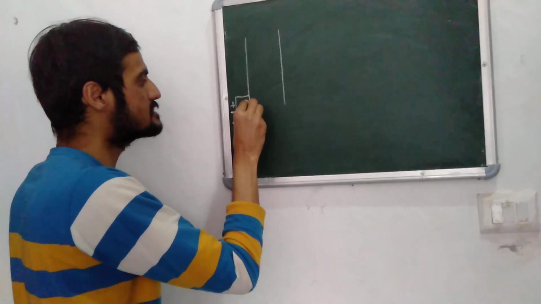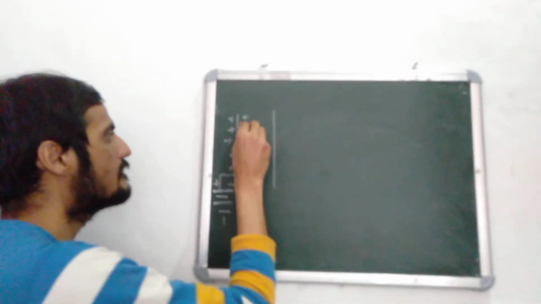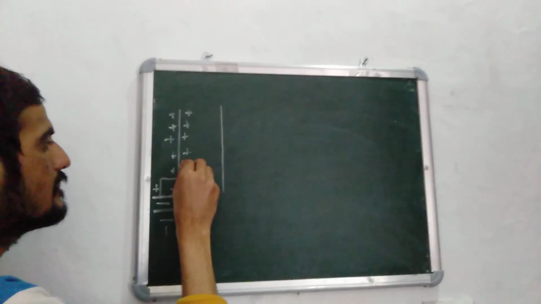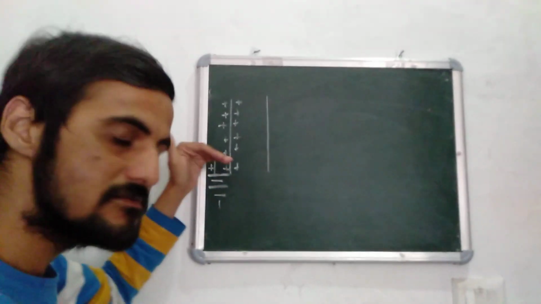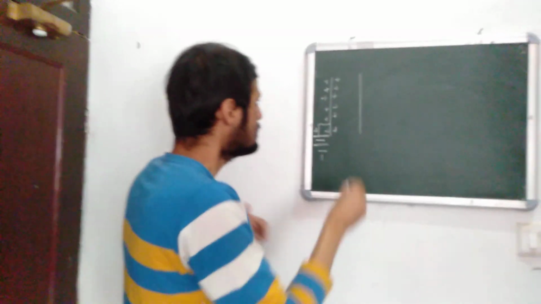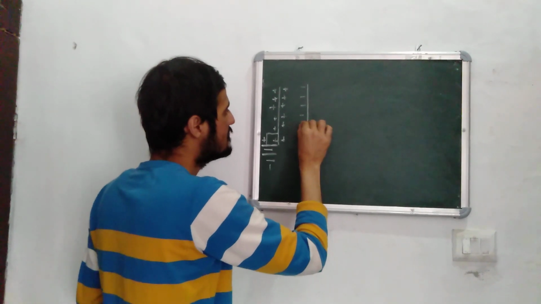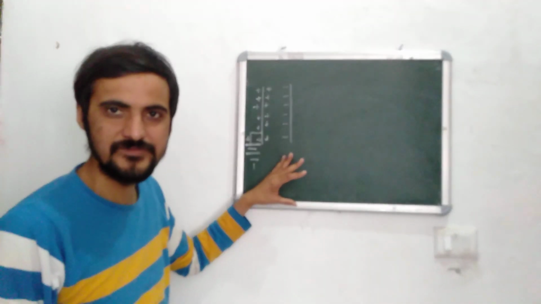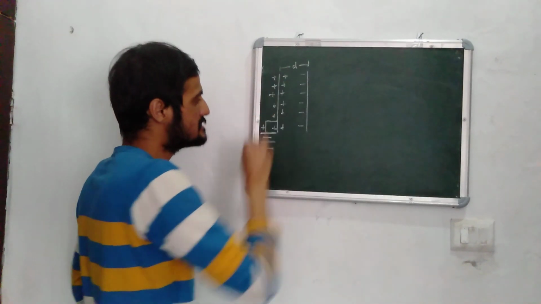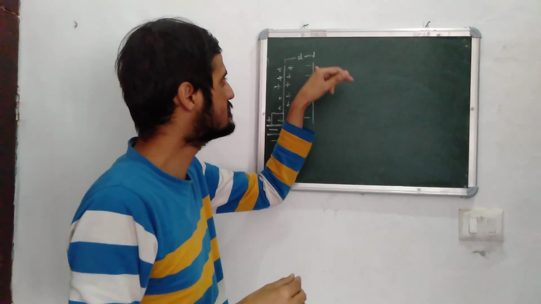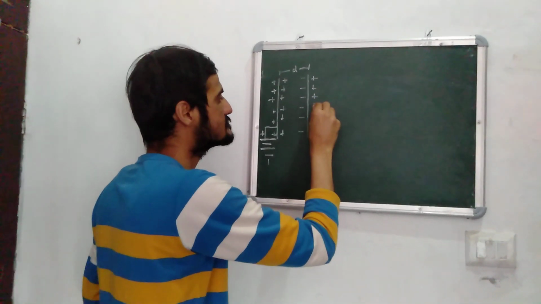The plate requires only positive charge, and the remaining charge gets leaked out. The other plate gets negative charge due to induction, and the distance between the plates is d. This is a parallel plate capacitor. Due to induction, the inner side gets negative charge, and outside it gets positive charge.